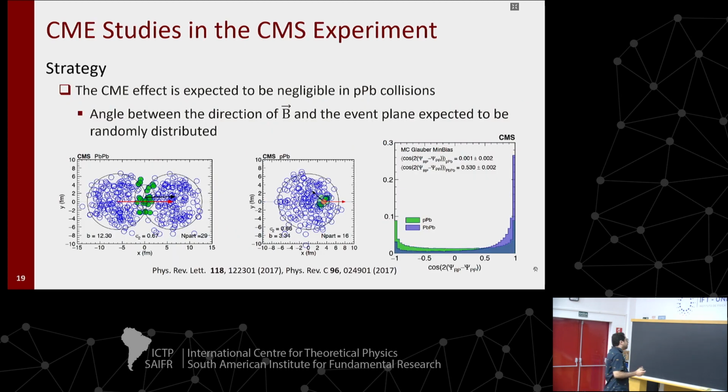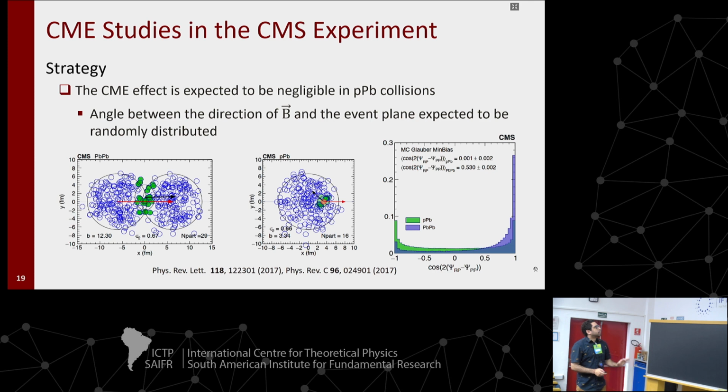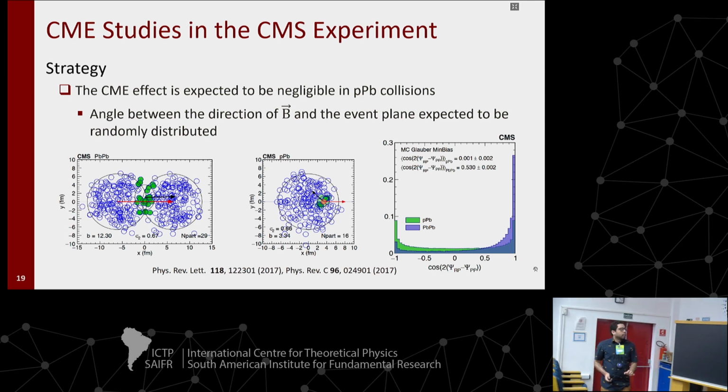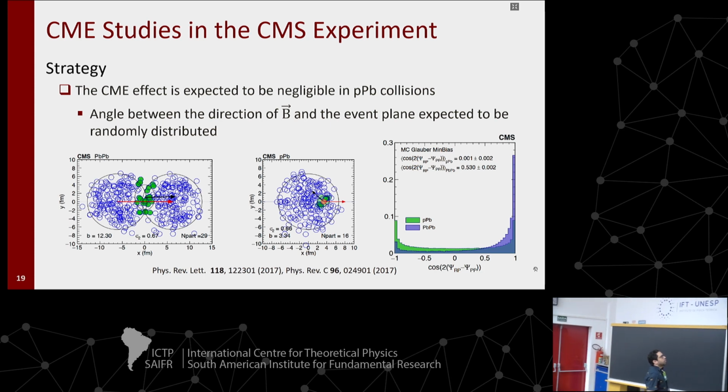The strategy of the CMS measurement is to measure this correlator also in p-lead collisions, in proton-lead. Why? Because in proton-lead, we expect that the B field and the event plane are randomly distributed.